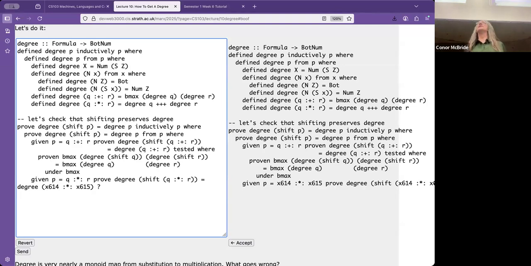I want to prove this equation is true because the first input to B max on the left is equal to the first input on the right. The second input on the left is equal to the second input on the right. The explanation is equal outputs because equal inputs. And in this case, both of those equations that I now need to prove are given inductively, so we're done.